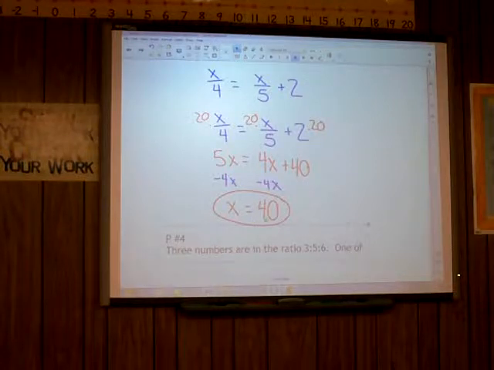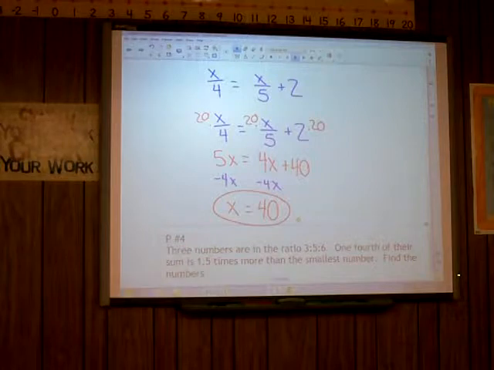Okay? 1/4 of their sum is 1.5 times more than the smallest number. Find the numbers.